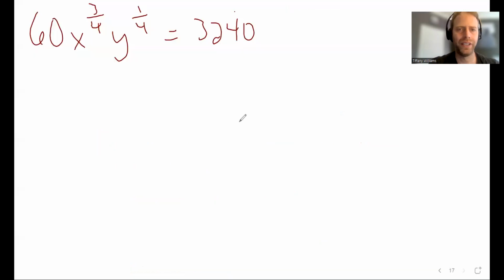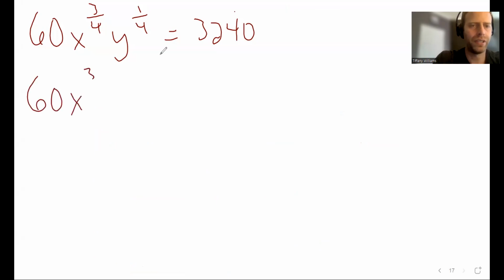All right, so first we need to do the work. Let's go ahead and take a look at this, and let's just do the derivative. We're going to do it implicitly, and we have a term with x and y being multiplied together, so we've got to use product rule. I'm going to have 60x to the 3/4 as my first term, and then y to the 1/4 as my second. So it's going to go first times the derivative of the second.